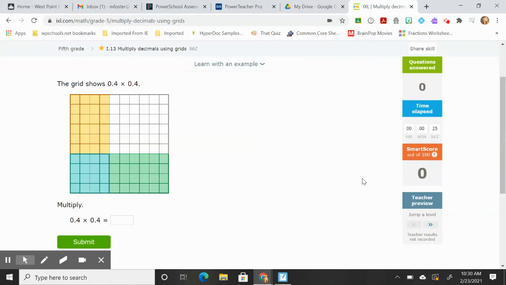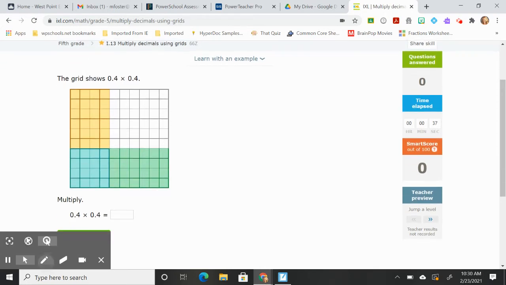Okay, so in this example, we have 4/10 times 4/10, or 4/10 of 4/10. So this orange part right here is showing 4/10. We are going to take 4/10 of that orange part.